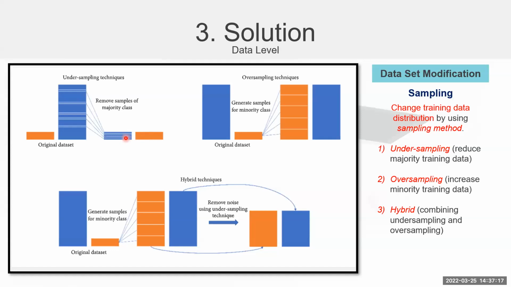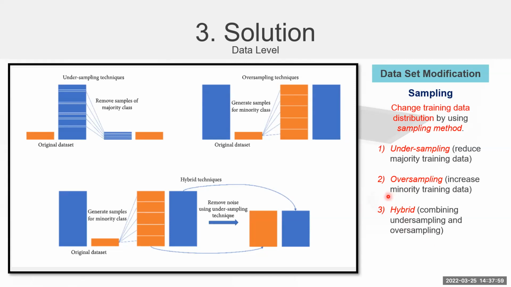In contrast with undersampling, oversampling is the other side. We sample the minority data again and again until the number of original minority data gets larger. After the process, the minority and majority data are the same size.